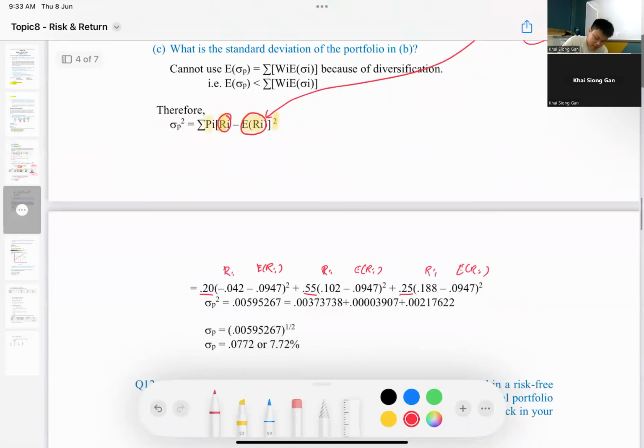At the end, I got the variance. Remember to square root it, I get the standard deviation. Okay, so for portfolio, you only do it once. You don't have to do it separately because now we look into it as one portfolio itself.